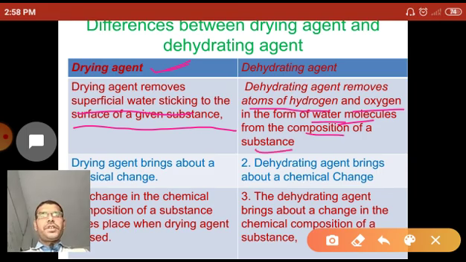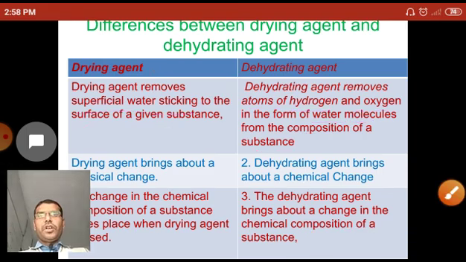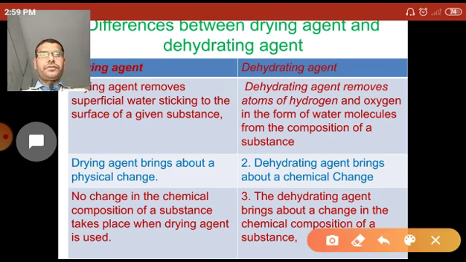So the drying agent brings about only a physical change, but a dehydrating agent brings about a chemical change.